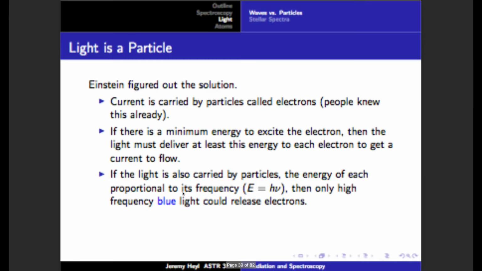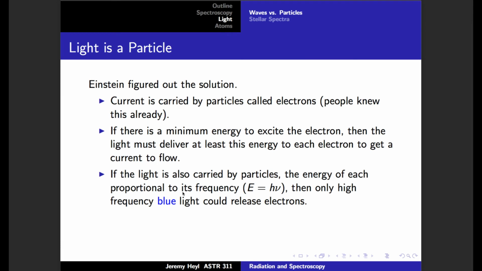But then the second ingredient, the important ingredient, which was a bit of a jump, was that the light itself is divided into particles, and the energy of each particle was proportional to its frequency. That constant of proportionality we call the Planck constant, for a reason that will become apparent in a couple of minutes.